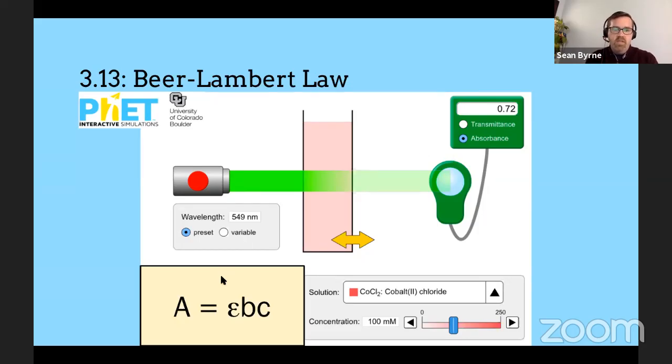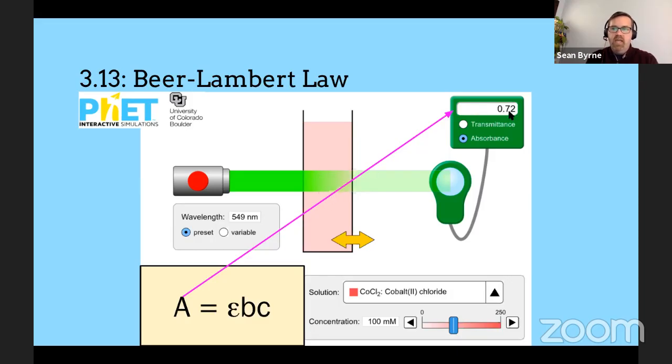So here's our equation that talks about this idea of absorbance. Absorbance is a measurement of how much light is absorbed. Here in this setup, our testing solution is right here. We're testing a solution of cobalt(II) chloride, and we want to know, when a specific wavelength of light is shined through this sample, how much of it is absorbed by the sample.